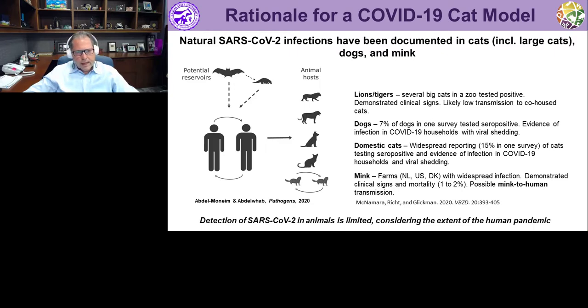What is known now is that not only does it go from animals to humans, but it also goes back. This is a reverse zoonosis. It can be transmitted from humans back to animals.